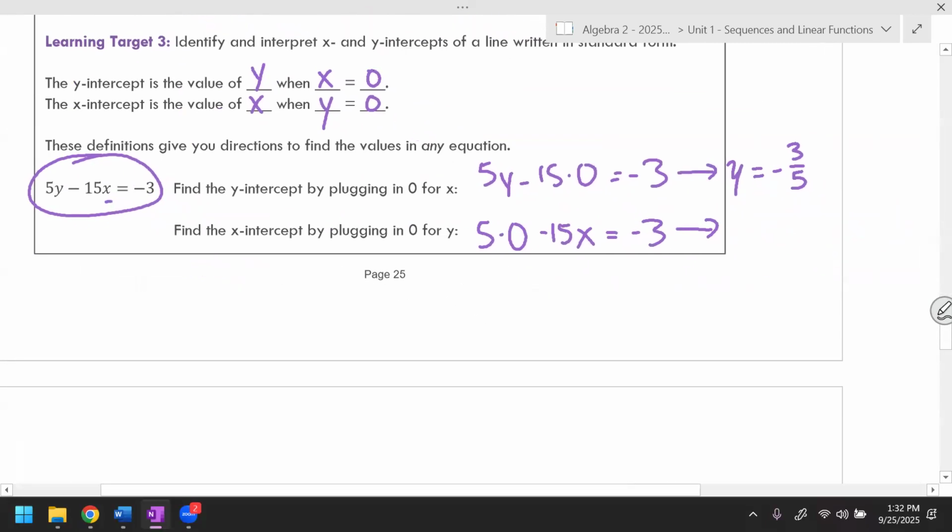I'm going to get negative 15x equals negative 3. So x is going to be negative 3 divided by negative 15, which is 3/15, because the negatives cancel. Negative divided by negative is positive. 3/15 is the same as 1/5.